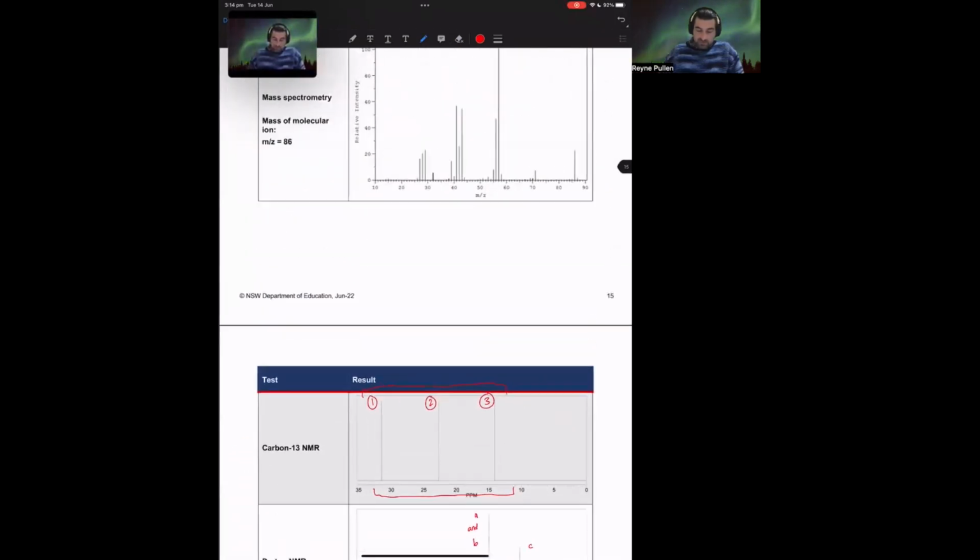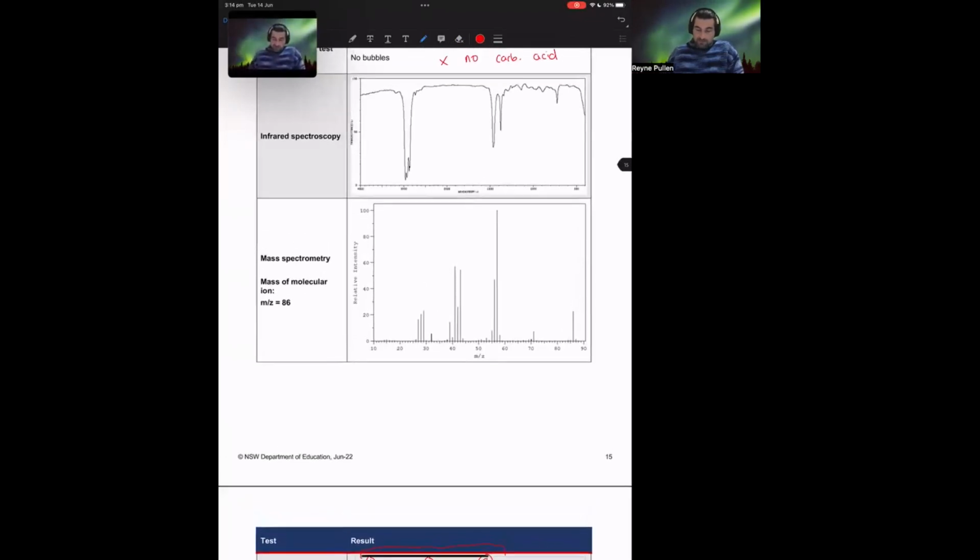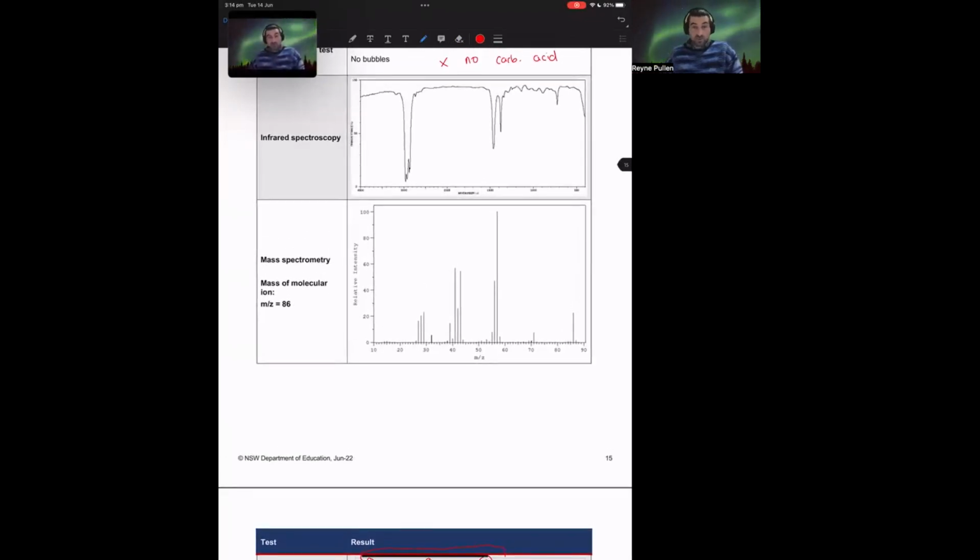A good way to check this is to come to the mass spec. Now the mass spec is a hard one to interpret, and I wouldn't go too far beyond just thinking about the molecular ion. We get the molecular ion by considering the highest peak that we observe.